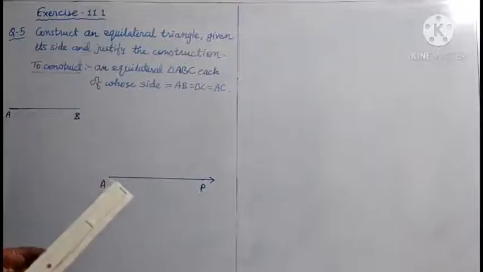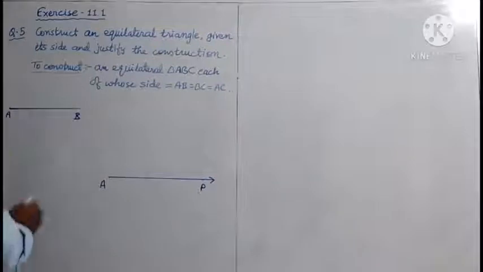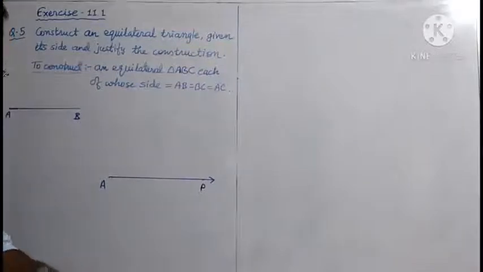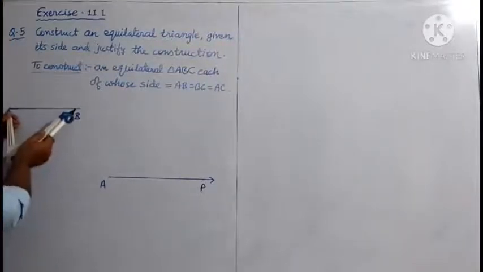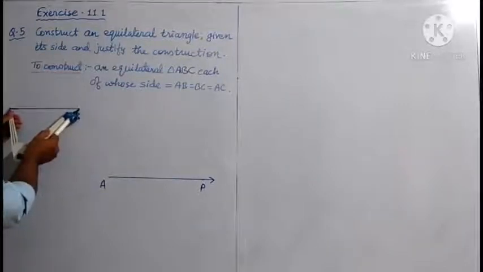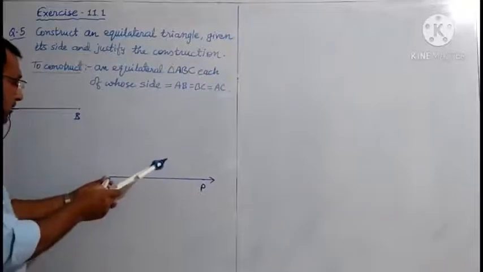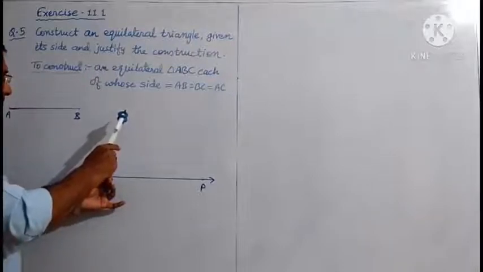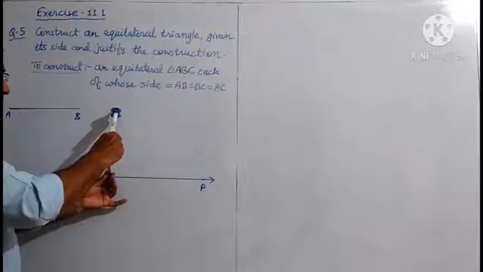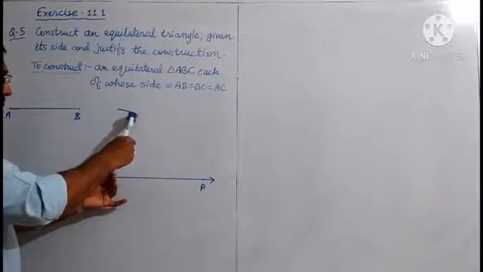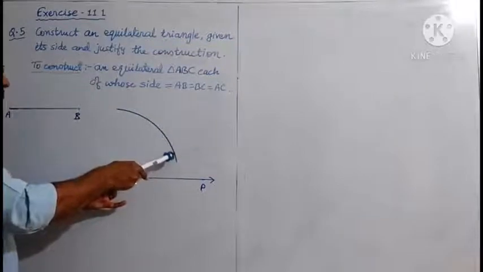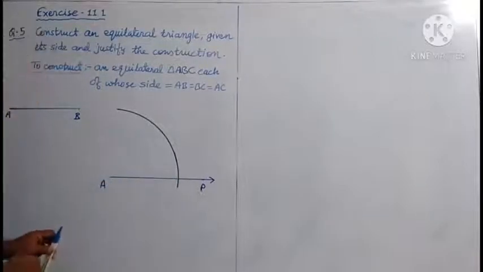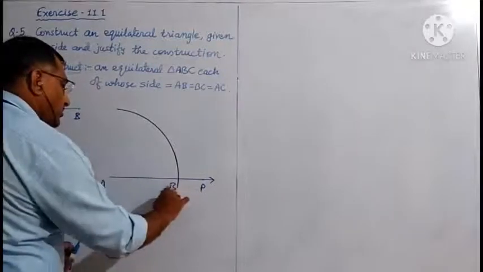So taking AB as a radius and center A, draw an arc which intersects the ray AP at B. So here, taking A as a center, we have drawn the arc which intersects the ray AP at B.